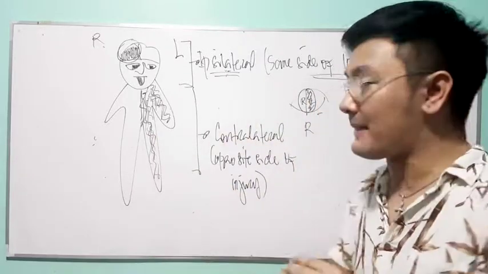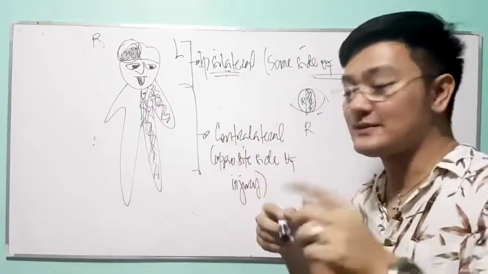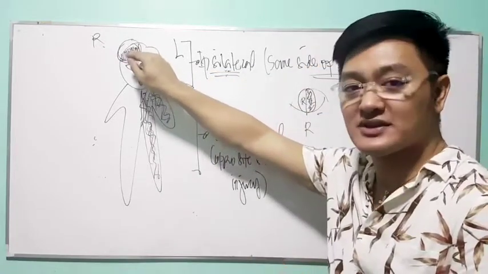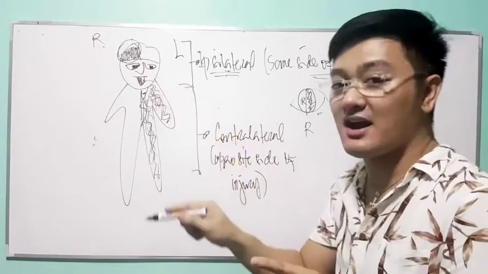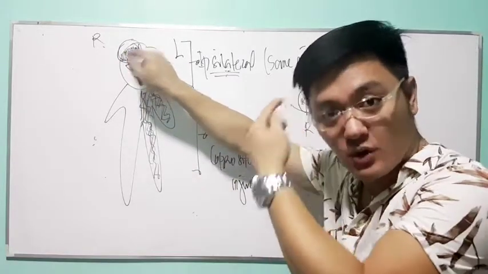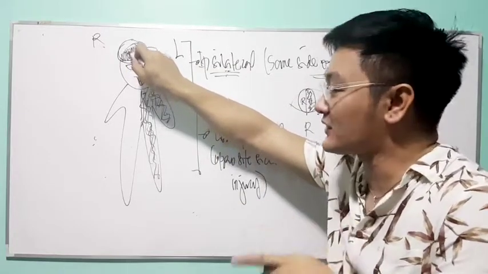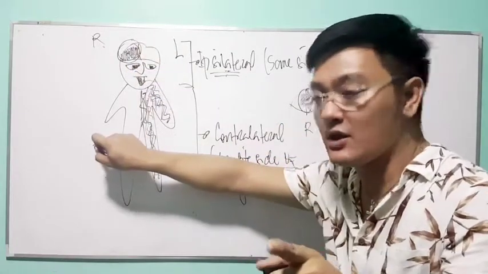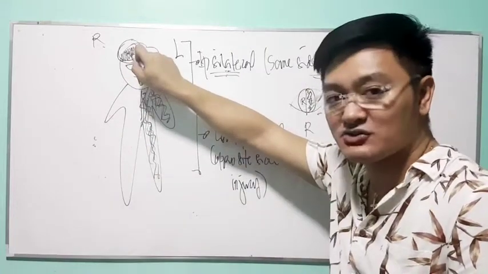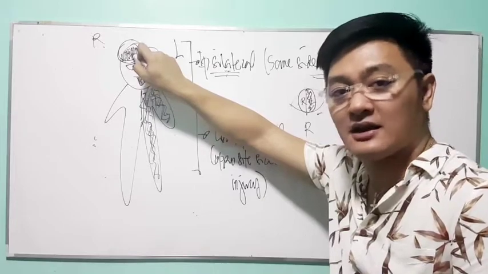Okay? Let's try to recap. Patient with right hemispheric stroke wants to eat. Where will you place the food on the patient's tongue? Answer, left side of the tongue. Patient with right hemispheric stroke, right, where will you place the things of the patient? Answer, right side. But if the question is, patient with right hemispheric stroke, where will you place the things of the patient to prevent unilateral neglect?